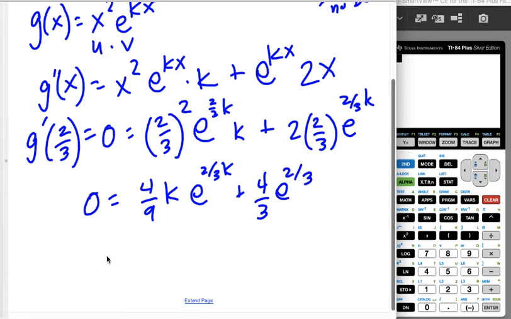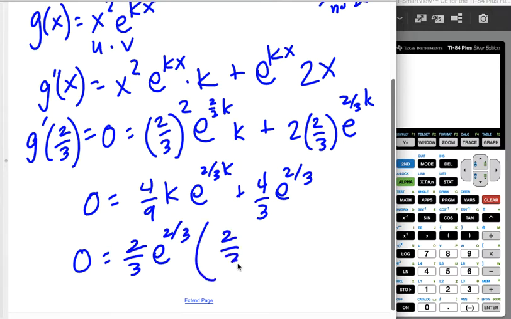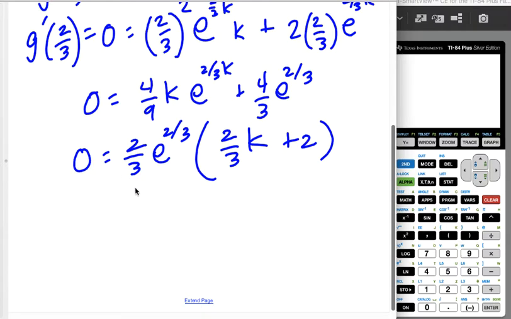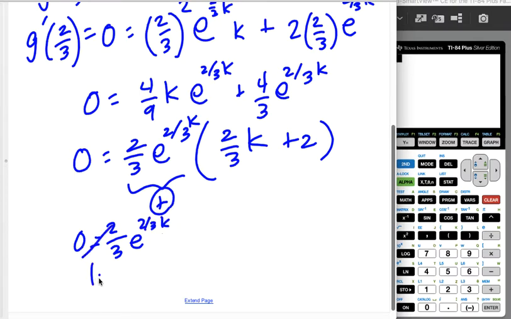If I factor to solve, I'm going to start by factoring out e to the 2/3 k. Honestly, I probably should have just yanked out one of the 2/3 to begin with, but you don't have to. And what seems to be left is a 2/3 k plus 2. Well, I know e to the 2/3 k can't be 0 because e to a power is always positive, right?